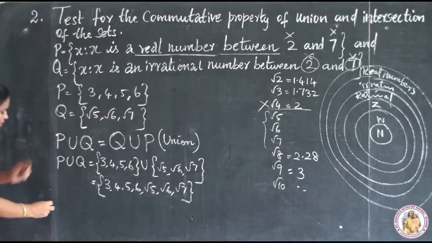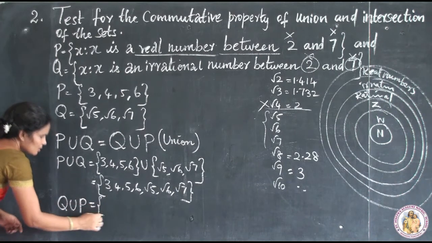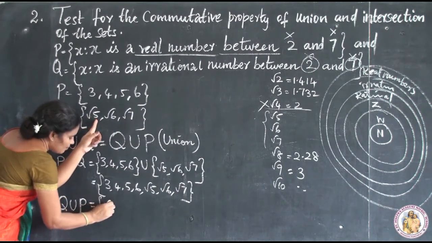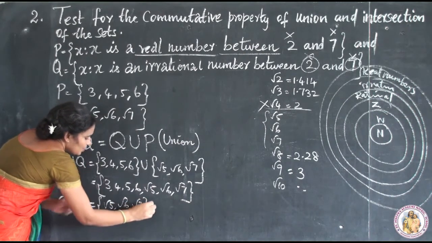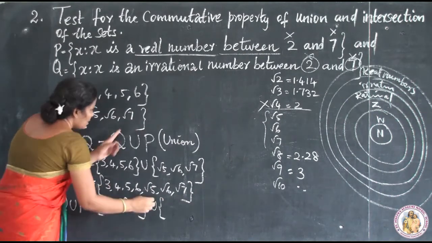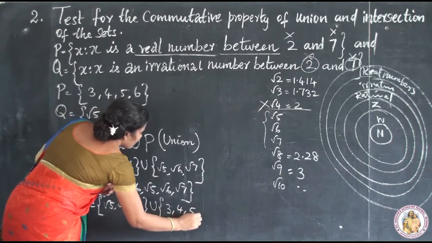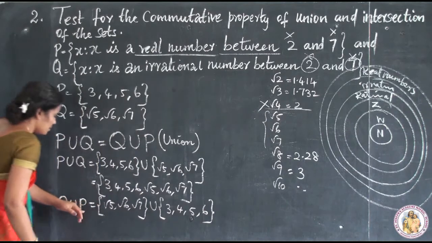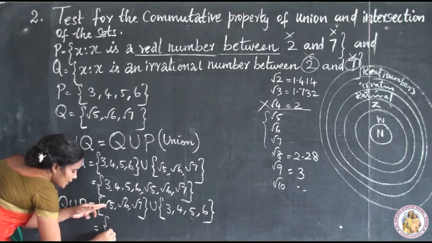Okay, and then Q union P: root 5, root 6, root 7, union 3, 4, 5, 6. For Q union P, write all the elements.